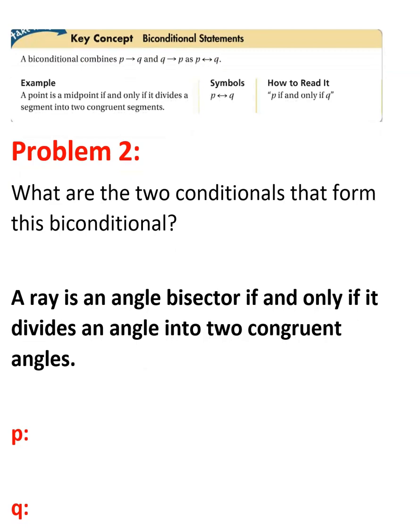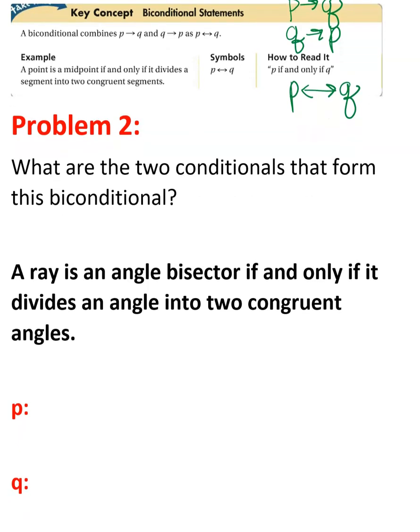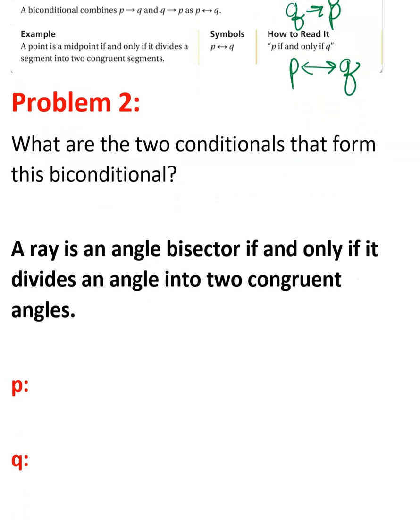For a biconditional statement, it combines two if-then statements into a biconditional using the words if and only if. So remember that a conditional is one that is written with an arrow, if P then Q. The converse is if Q then P, and it puts them together using a double arrow, P if and only if Q. So here we're trying to break it apart the other way.